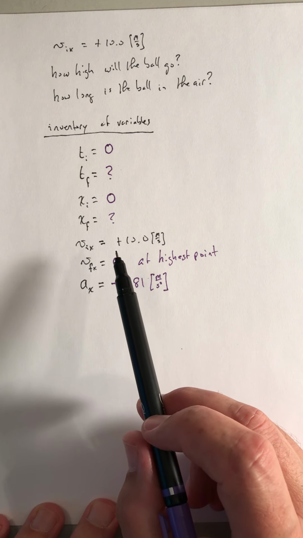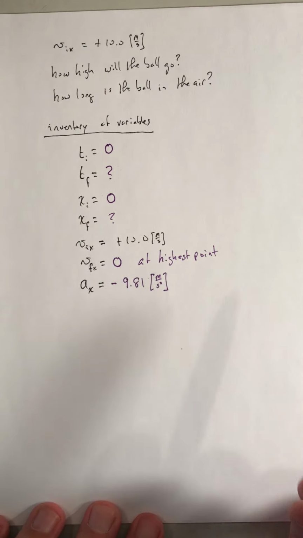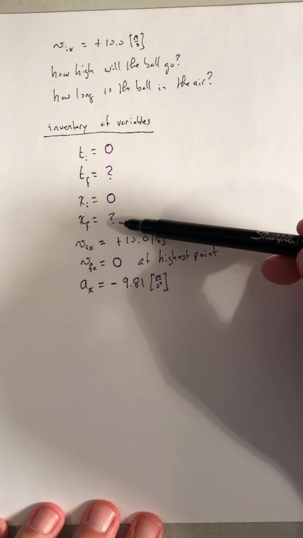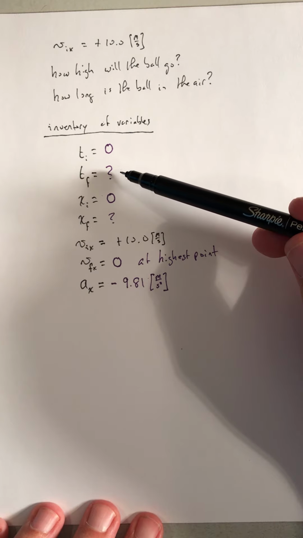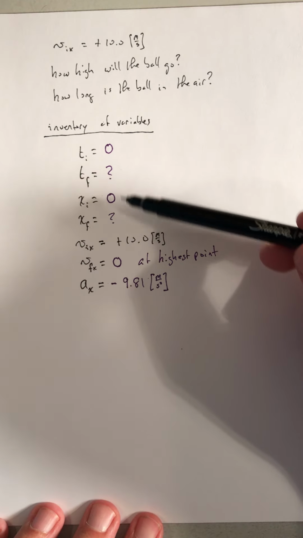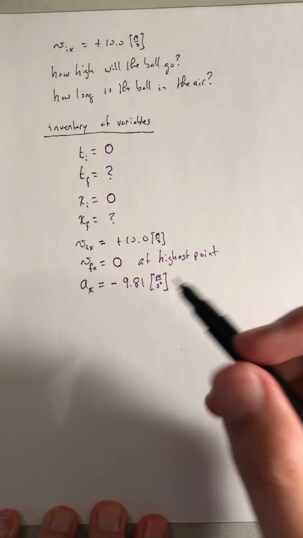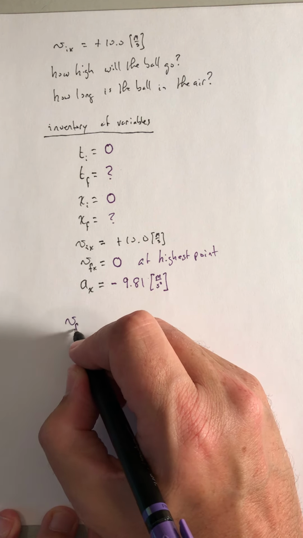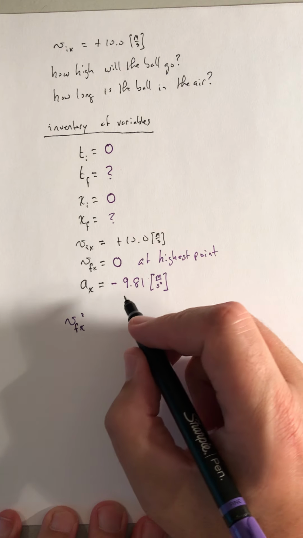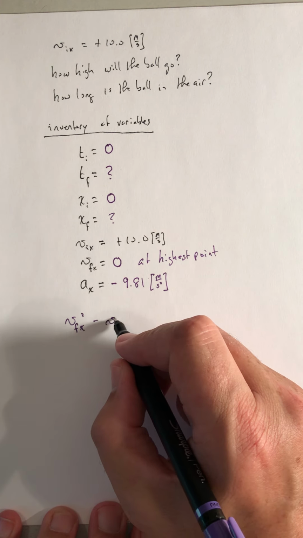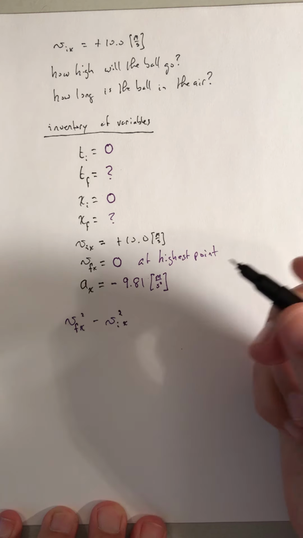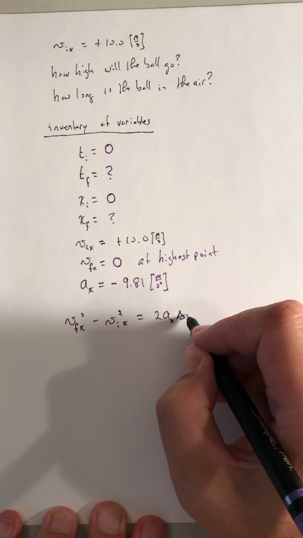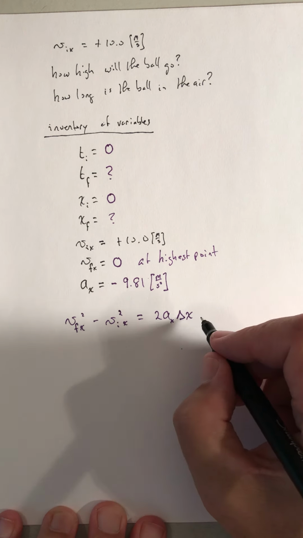So let's answer the first question first. How high will the ball go? I want an equation of kinematics that has x final in it, but does not involve the final time, because I want to have only one unknown to solve for. That's going to be the fourth equation of kinematics, which tells me v final squared minus v initial squared is twice the acceleration times the displacement.